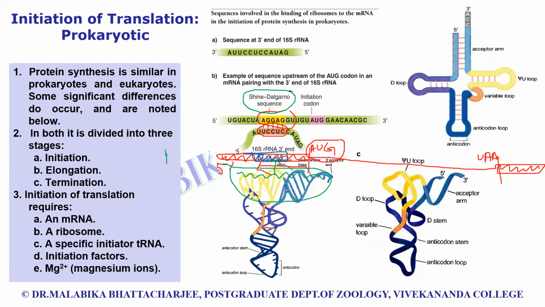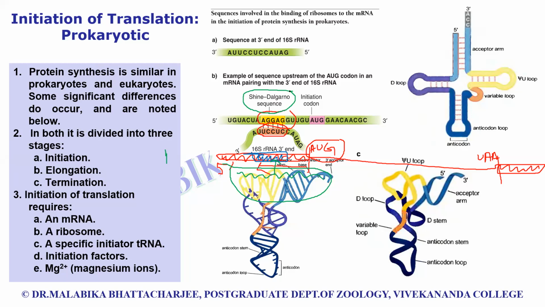Within the 30S subunit is the 16S ribosomal RNA, which binds with the Shine-Dalgarno sequence via its complementary pyrimidine-rich region.